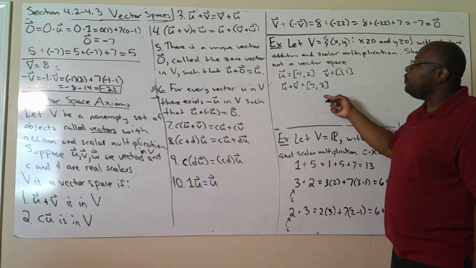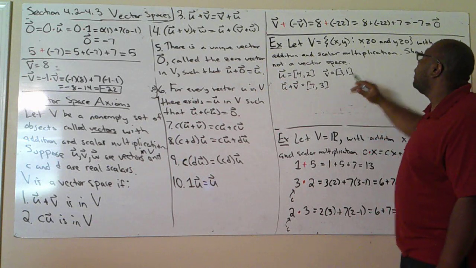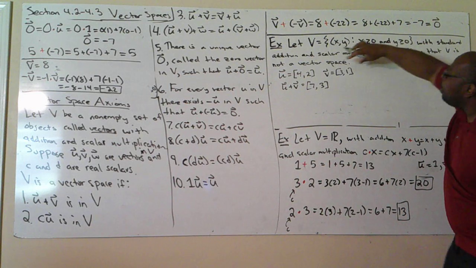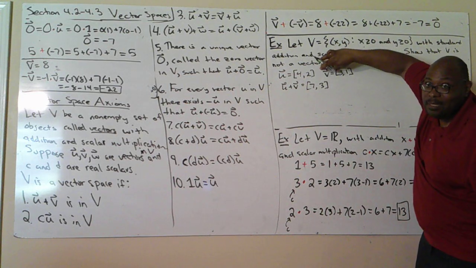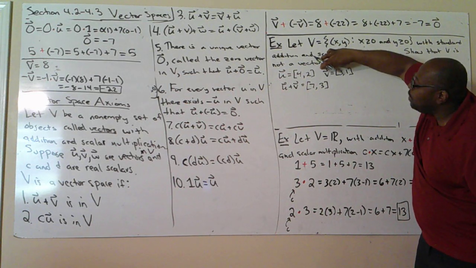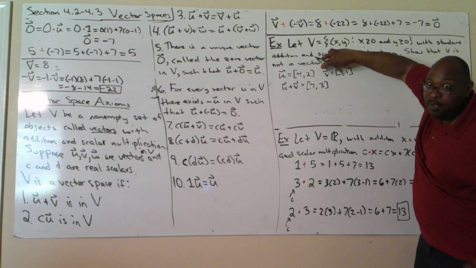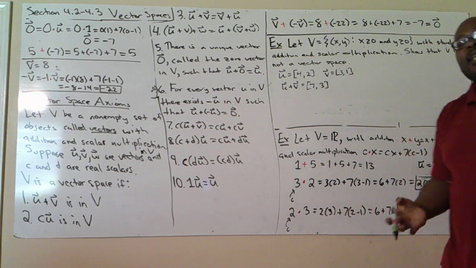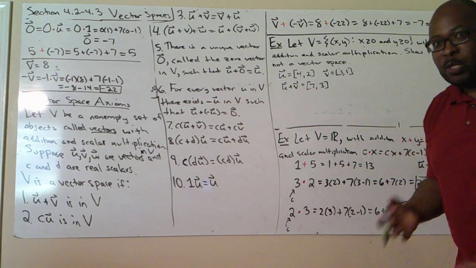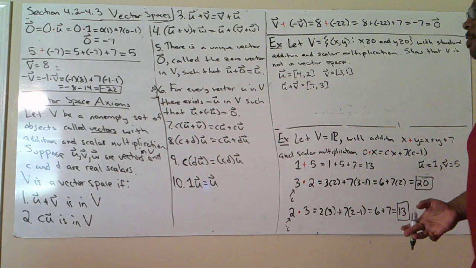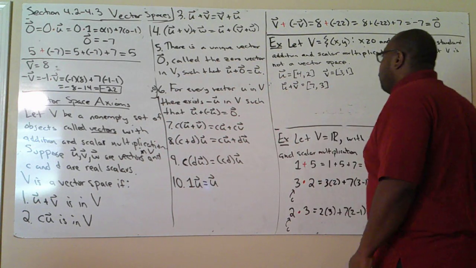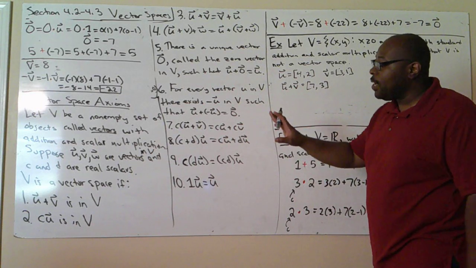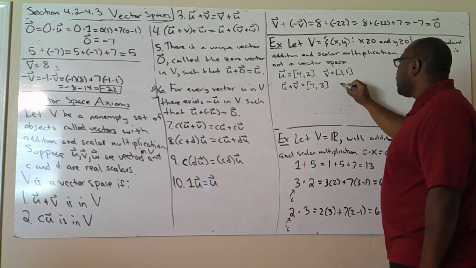So u plus v is going to satisfy the condition that x and y are greater than or equal to 0, as long as u and v have that condition. You can never come up with a situation where you add two positive numbers together using standard addition and get a negative number. That never happens. And so that's what we're seeing right here with number 1. So number 1 is fine. There's no issues with it. Axiom 1 is perfectly fine. So I can say axiom 1 holds.